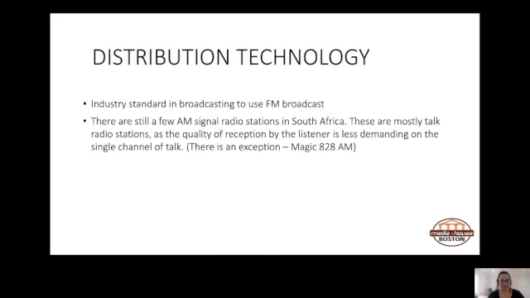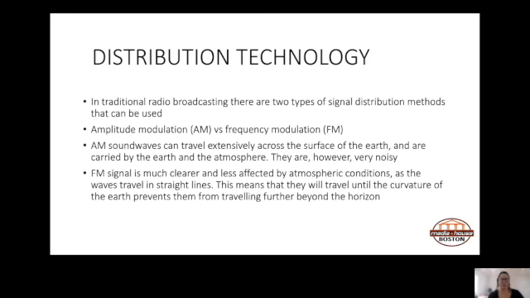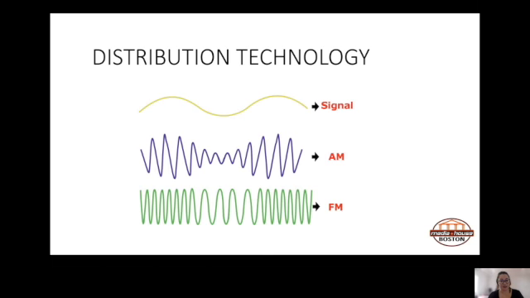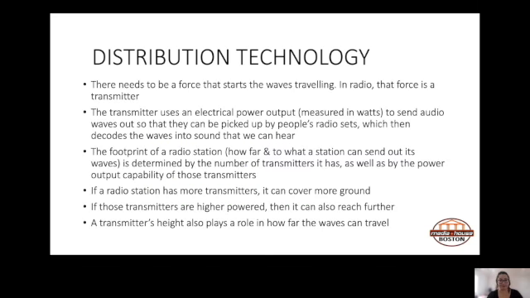So now we've looked at AM versus FM, so amplitude modulation versus frequency modulation. AM frequencies can move around the earth and can stretch very far, but are very noisy because they're influenced by things, for instance, rain, the clouds, lightning, etc. And then FM, which only travels straight and can't bend, but is much clearer as it's not influenced by the same atmospheric conditions.